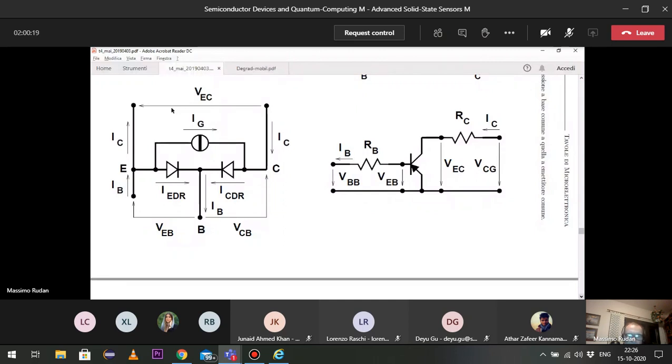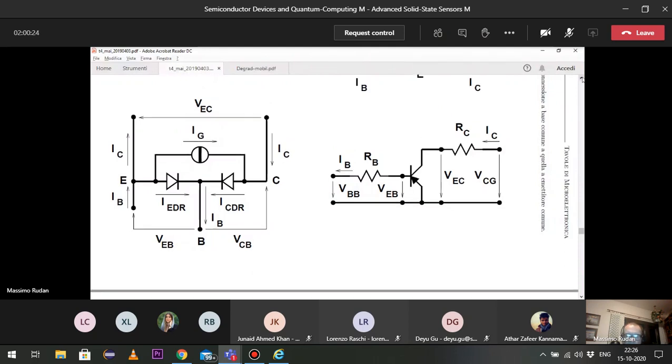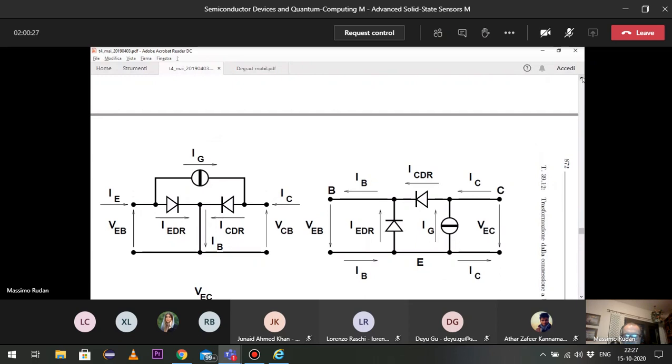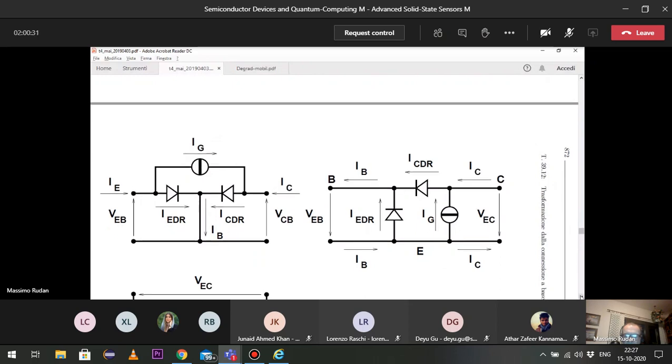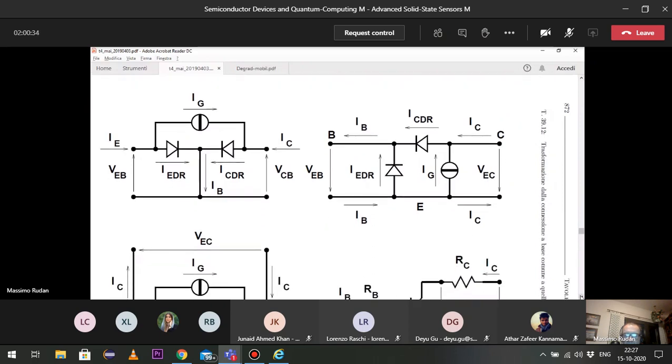So you go from this drawing to this other drawing here. It is just the same, simply rotated and mirrored, okay? So you have the common emitter configuration, IB here, IC there, one single generator, and two diodes, as before, okay?